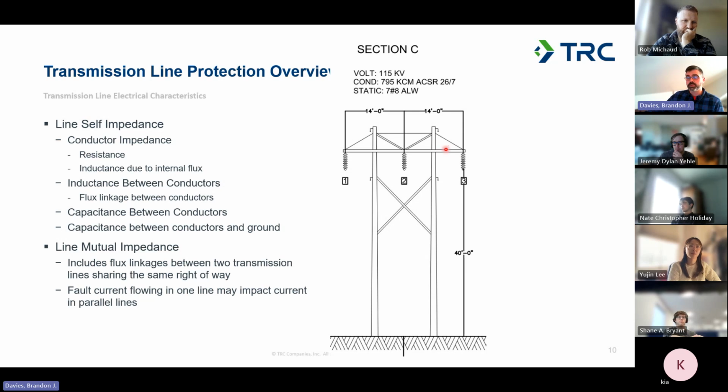So if you had another transmission structure right next to this one, or you had one of those double circuit towers like I showed on the previous slide, you're going to have some flux linkages between the 2 transmission lines, so that if there's fault current or any current flowing on one, you'll have some impact on the impedance of the other one as well, and drive current flowing in that parallel path.